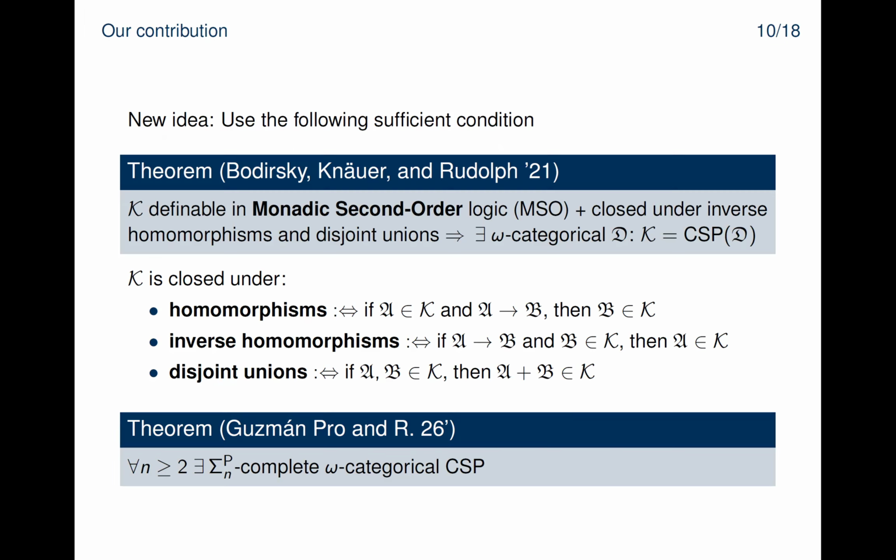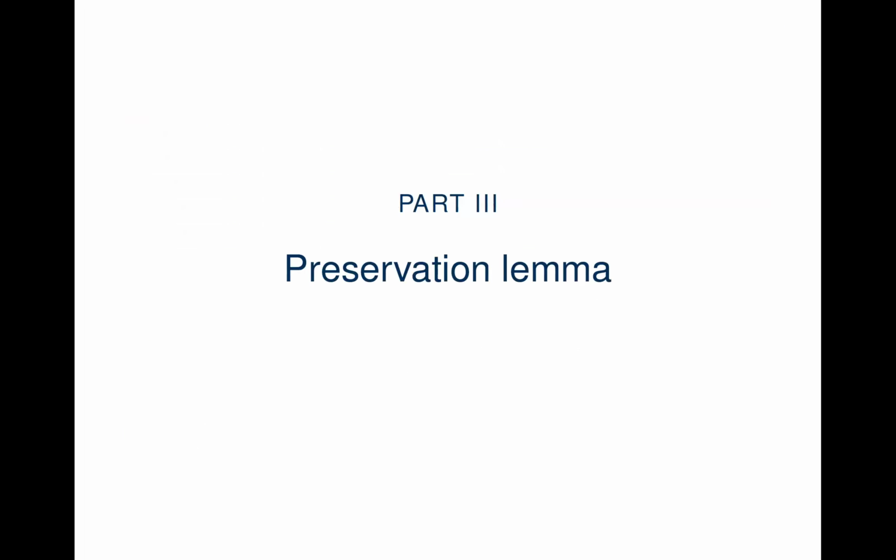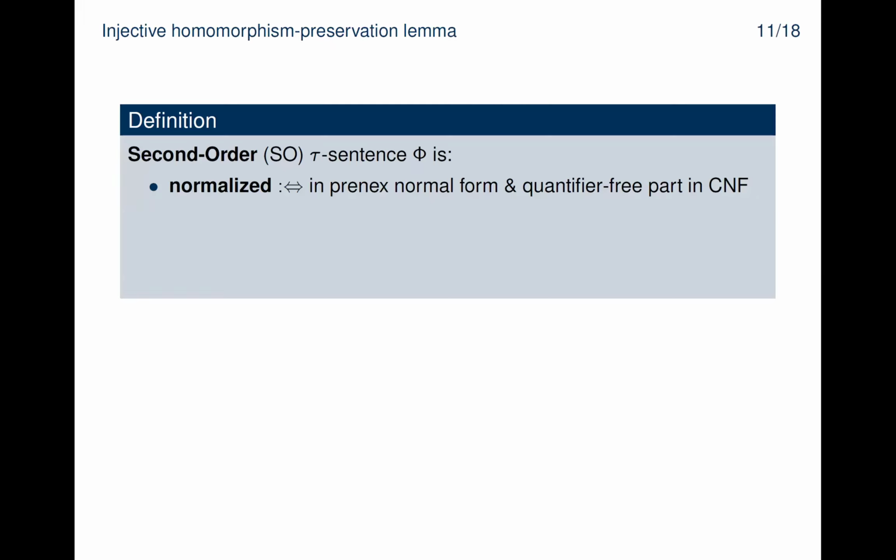All right, so how did we do this? And now I want to somehow split the proof into two parts. There will be a conceptual part and there will be an ad hoc part. So the conceptual part is a certain preservation lemma. We say that a second-order sentence is normalized if it's in so-called prenex normal form.